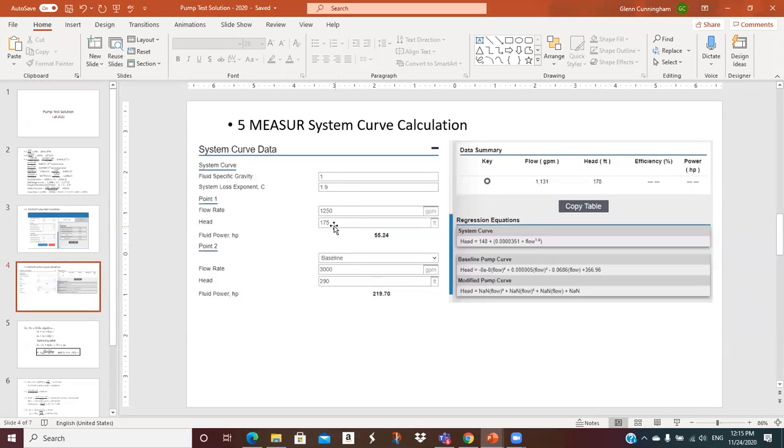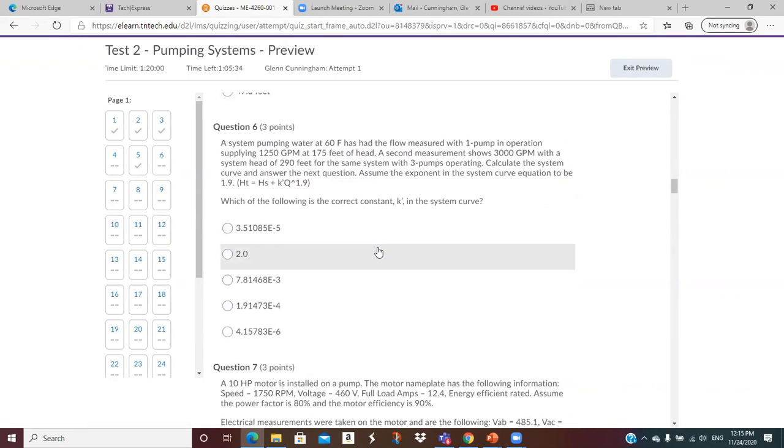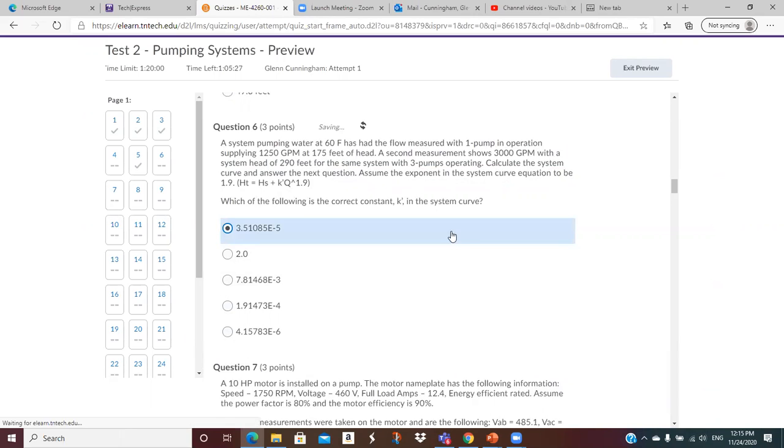If not, then you have to do a little bit of math, but it's still not all that much. So with these points put in, the static head is 148, and there's the flow coefficient, 0.0000351. So if you run the numbers, it's 148.1 is what I got. And then this one just asks for the K prime flow coefficient. So that's those two.